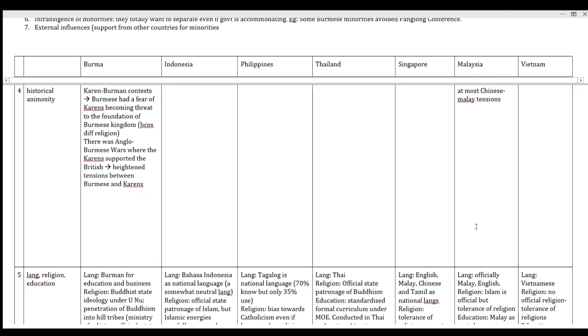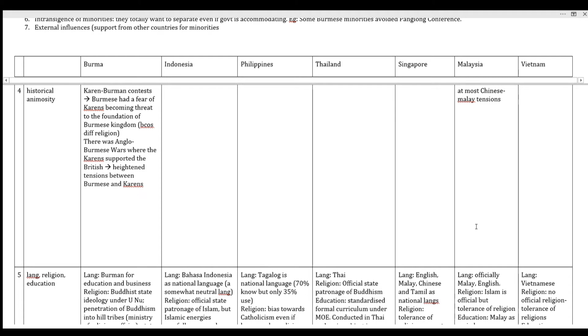So this minority group basically wanted to support the British because the British were somewhat nicer to them, and because of this, they were against the mainland Burmese, and this is definitely a good way to create tensions. Yes, indeed, a lot of tensions, and this is also the foundation for other things they could be opposed to in terms of policies and stuff like that.